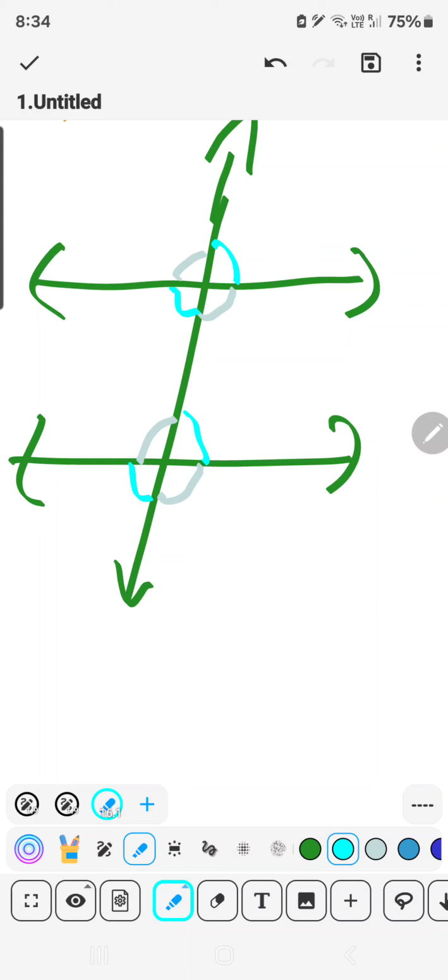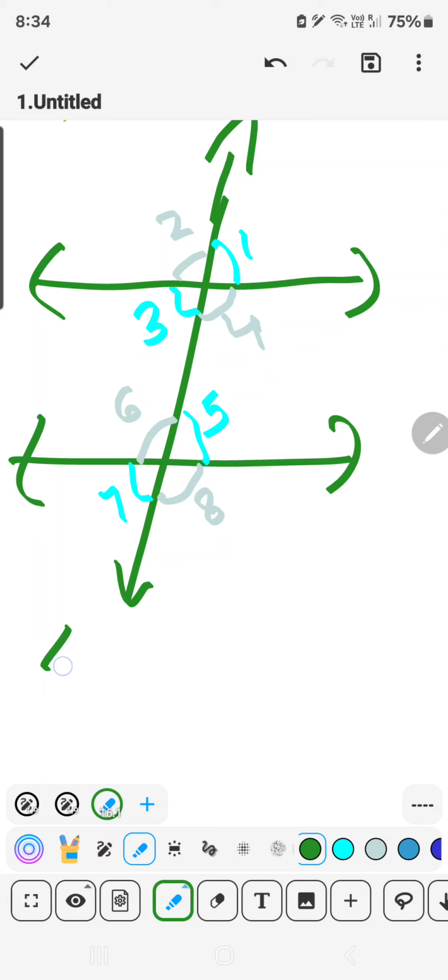The angles colored with blue are always equal. I name them 1, 5, 7 and 3, and I name these angles as 2, 4, 6 and 8.